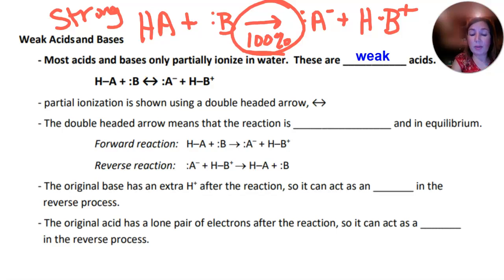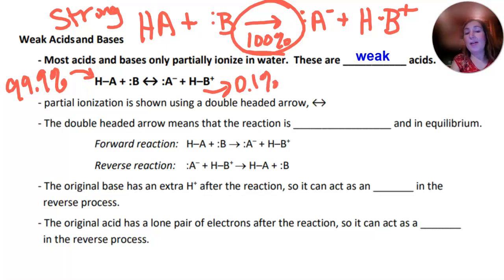When we draw an equilibrium arrow, it's probably like 99.9% of our acid just wants to stay HA. How much actually goes to HB plus? Probably about 0.1%.